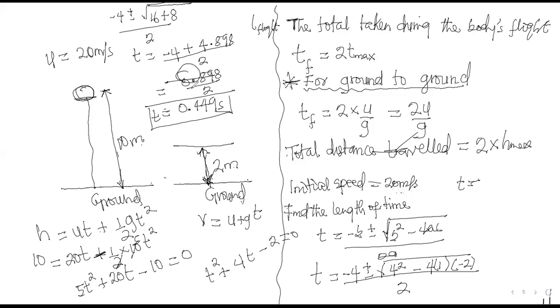Already we are told that it is 10 meters above. So if it was thrown from 2 meters above the ground, then the vertical height the stone will go through before it attains 10 meters would be 8 meters, so that it adds to the 2 to give us the total of 10 above the ground.